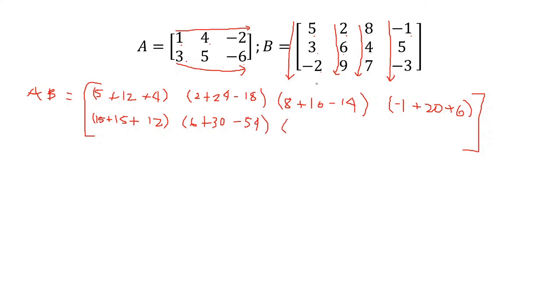Next, 3 times 8 is 24, 5 times 4 is 20, negative 6 times 7 is negative 42. Okay, so 3 times negative 1 is negative 3, 5 times 5 is 25, negative 6 times negative 3 is positive 18.